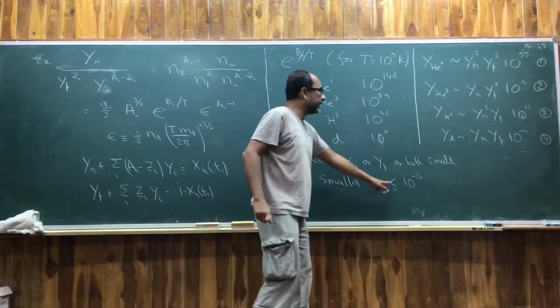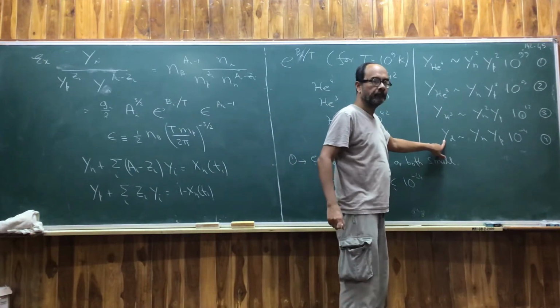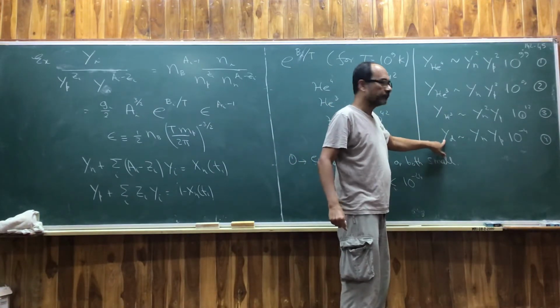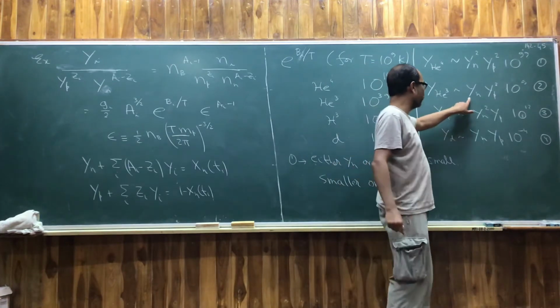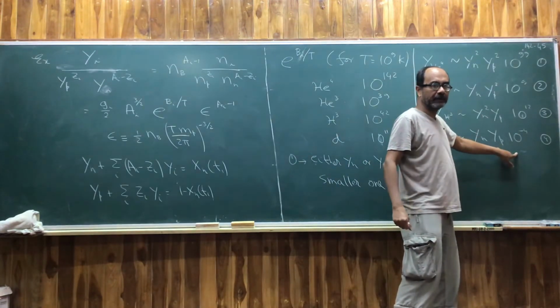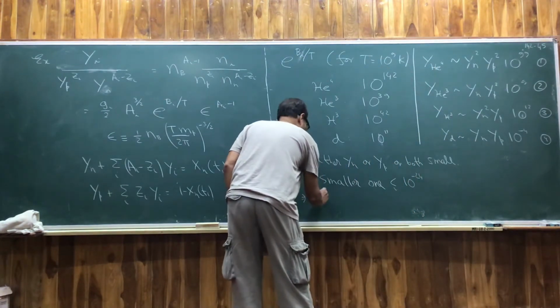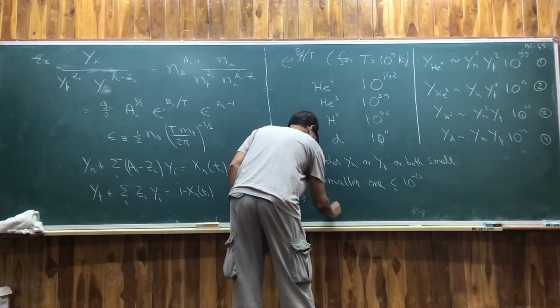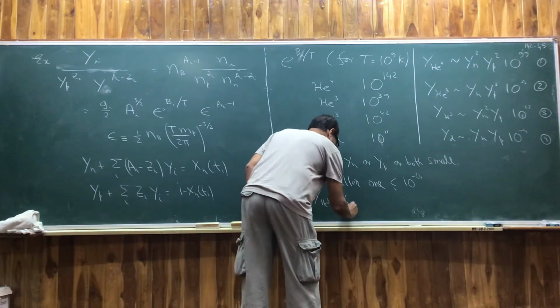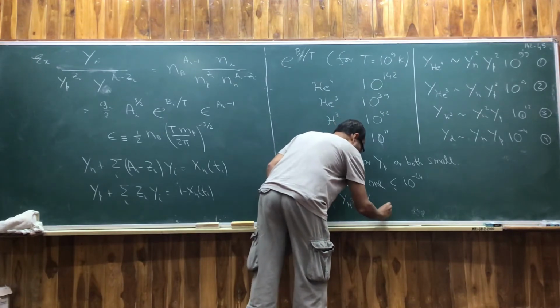This immediately tells us that all these three are small, because any one of them having 10 to the minus 24 is going to overcome these. So this implies that Y_He3, Y_H3 and Y_d are all small.